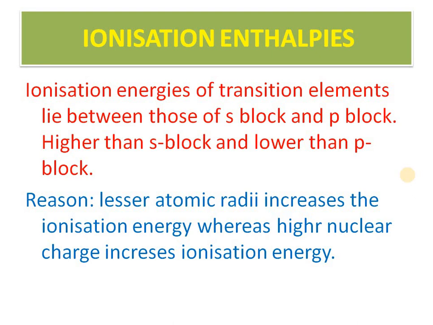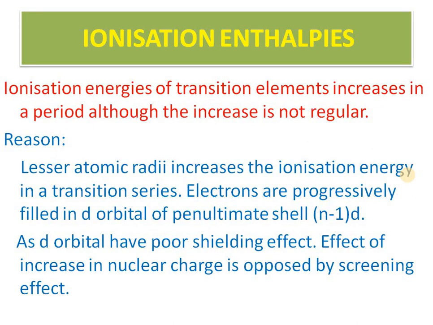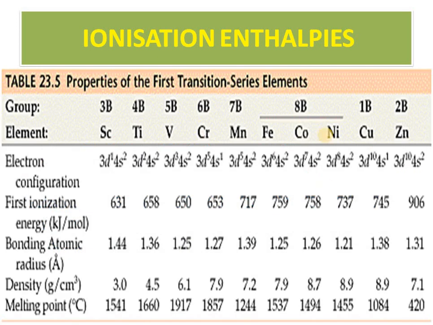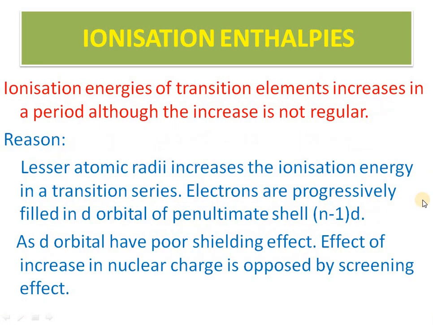The ionization energy of transition elements increases in a period, although the increase is not regular. We have seen this also in the practical values. This is first increasing, then a sharp increase, then stagnant, then a decrease, and then an increase, and this is not regular. Why?